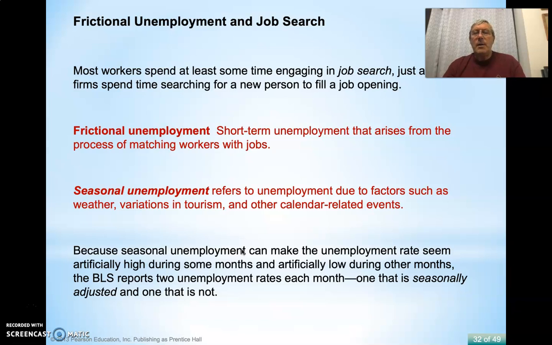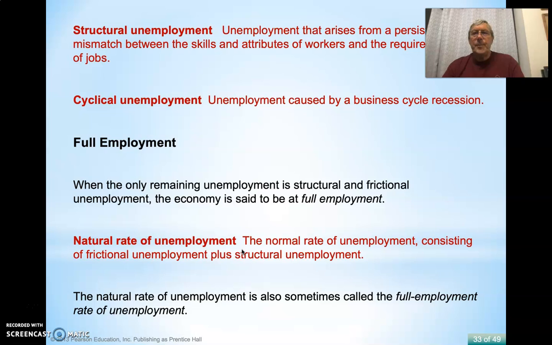Sometimes you'll see data that shows the unemployment rate seasonally adjusted, in which case they're taking into account seasonal unemployment when giving you that unemployment rate. And keep in mind always that full employment still has a natural rate of unemployment.